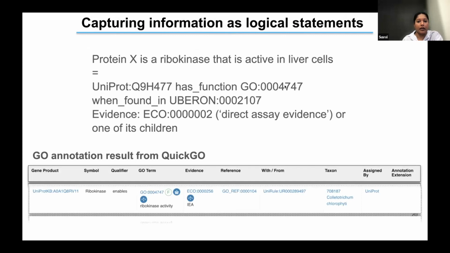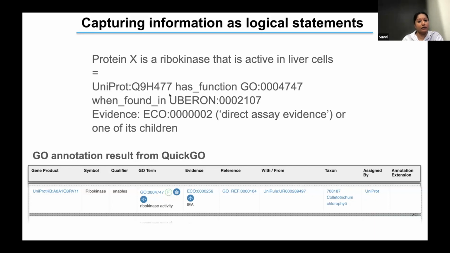Okay, and capturing information as logical statements. For example, I said protein X is a ribokinase that is active in liver cells. If I have to translate that into annotations, then protein X can be this UniProt ID, and it has a ribokinase function, which means there is a relation called has function, and then the GO function term, which is 4747 for ribokinase.